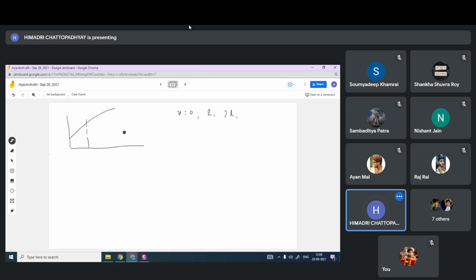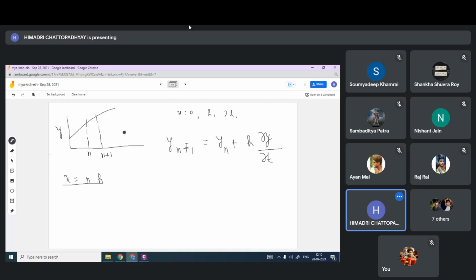Suppose this is the nth point and this is the n plus 1 point, so x is n times h. So y at n plus 1 will be y at n plus h times, let me write it in terms of dt.